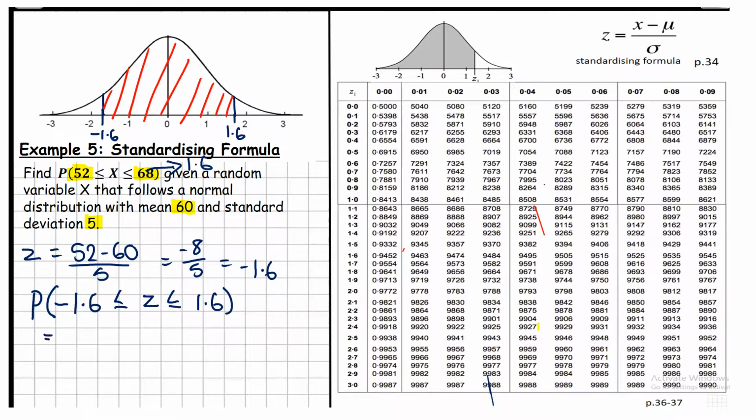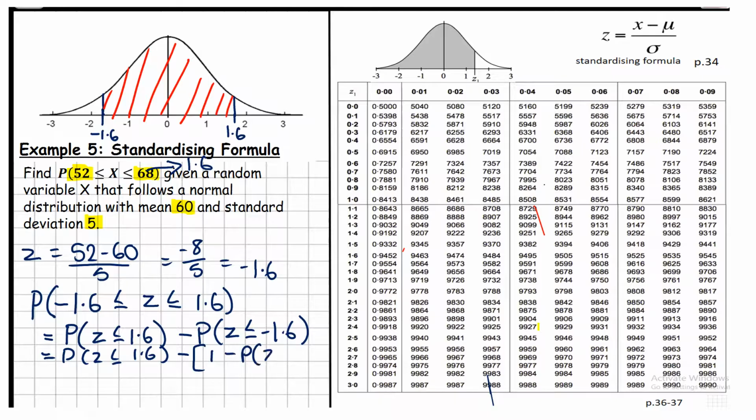Now, if you remember how we do this, we have to work out the probability that z is less than or equal to 1.6, which brings us all the way to the end, and then we have to take away this end piece, so z is less than or equal to minus 1.6. But remember, we can't do a negative, so we're going to have to change that. 1.6 minus 1 minus the probability that z is less than or equal to 1.6.